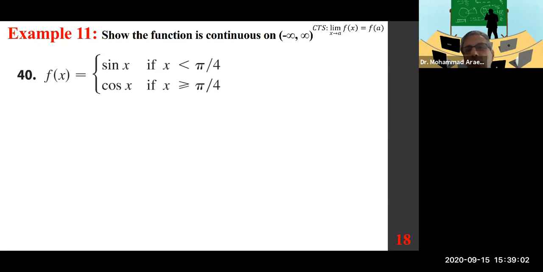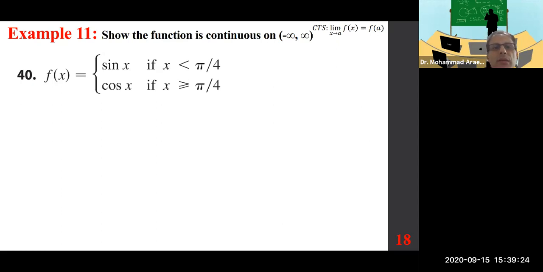So what do we do? Very simple. Each piece, we look at them separately. Sine is continuous everywhere from negative to positive infinity. Therefore, this is continuous from negative infinity to pi over 4. Cosine, the same thing. Therefore, it's continuous from pi over 4 to infinity.